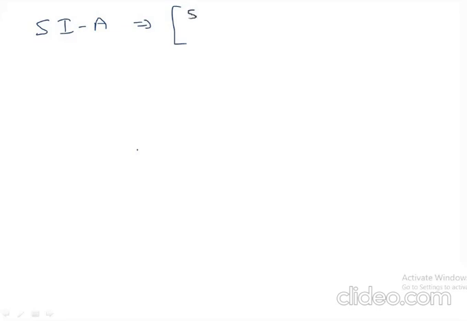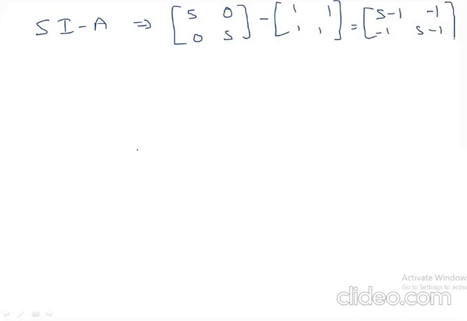Multiply with s, you get [s 0; 0 s], minus the A matrix [1 1; 1 1]. So you will get sI minus A as [s-1 -1; -1 s-1].